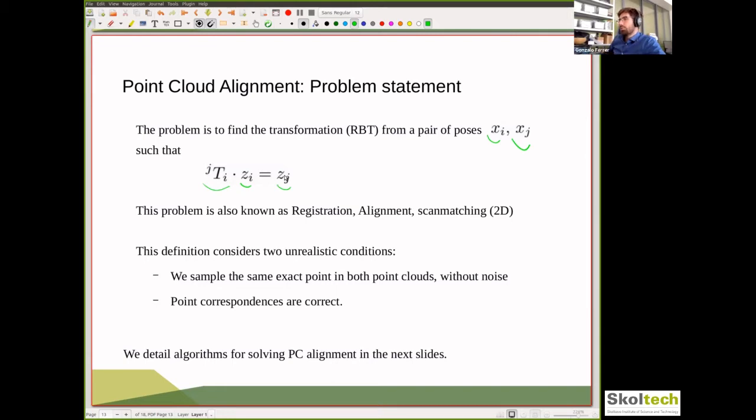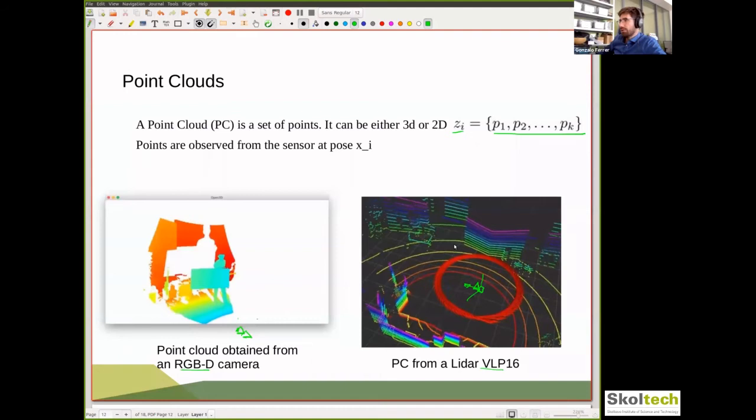Now, this has two problems. The first one is, for this definition to be true, you need to sample exactly the same points. And imagine if you have a LiDAR like this one, this is going to be very complicated. You move a little, and who is telling you that this point here is going to be sampled exactly at the same position? Maybe something changed and then you got it here.